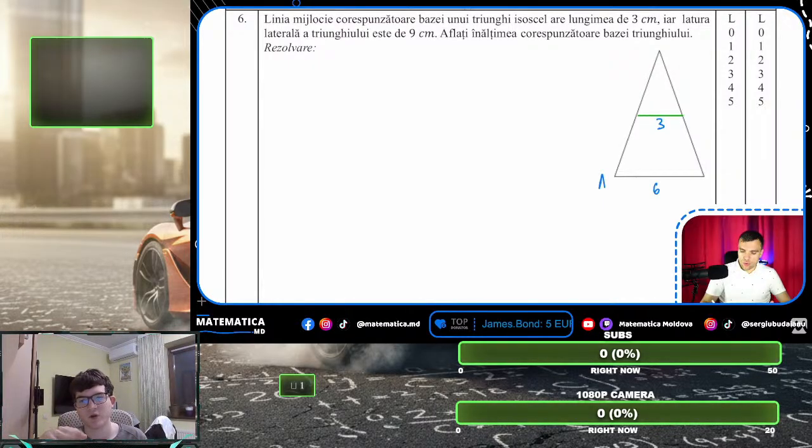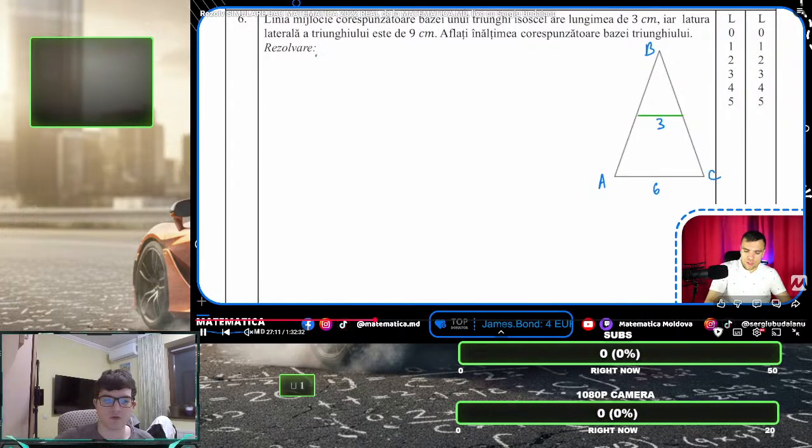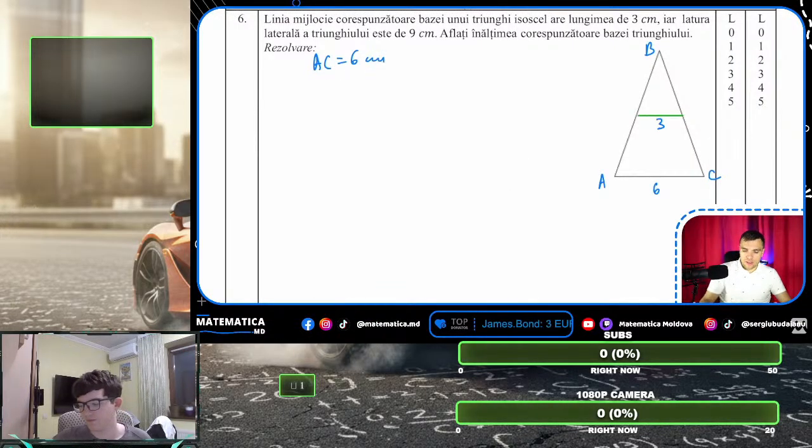From the very top of the triangle, take a line all the way down, and you know the side line that's 9. The only thing you need now is half of the line at the bottom. That's going to be essentially 3, because the height will split it in half. So you do the Pythagorean theorem and you find out what the height is. This one should be easy, no issue.